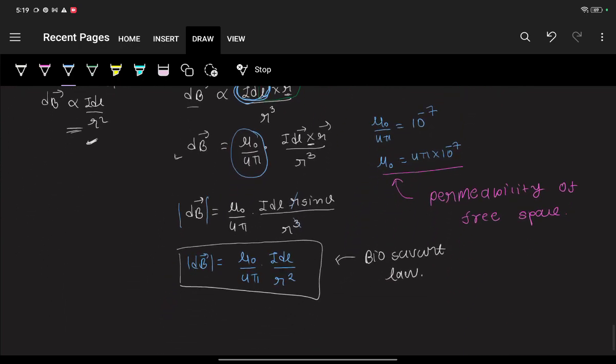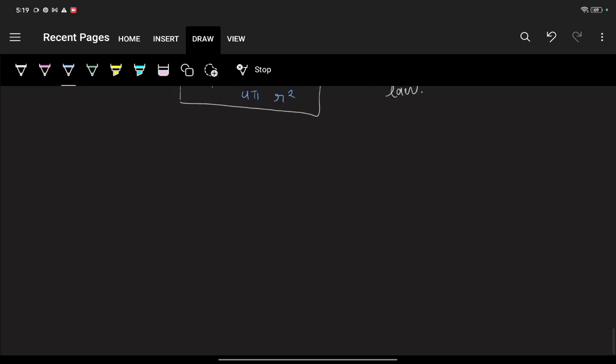Now, let's discuss similarities between Biot-Savart law and Coulomb's law.